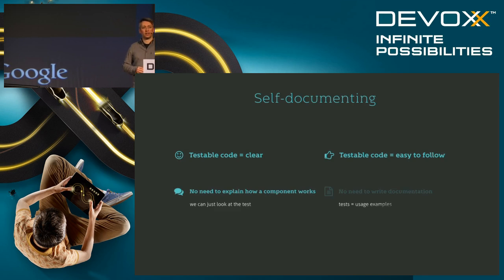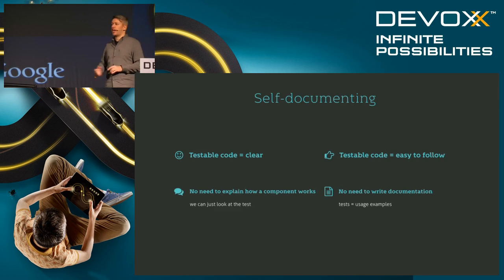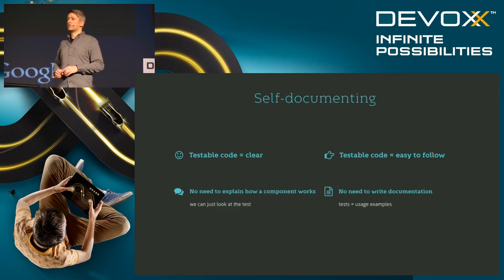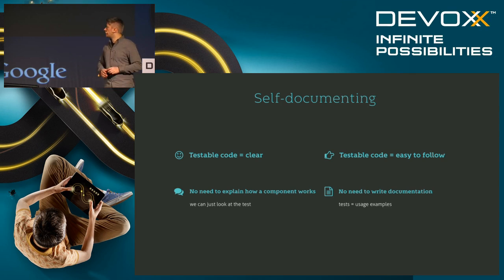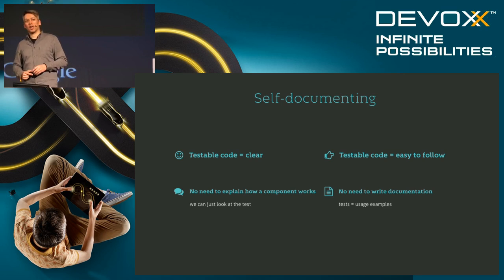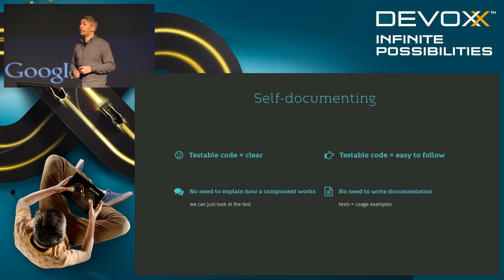I really believe that if you have good tests, it really helps you to understand your code. First of all, and I'll get back to that, if you write your application in a good, structured, well-architected way, I think it will be clear code. The same goes for your tests.